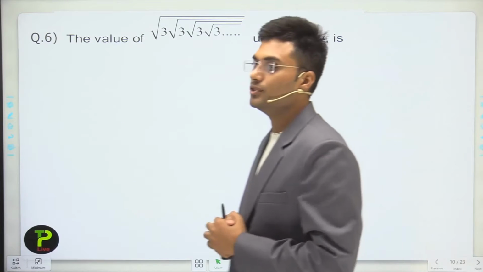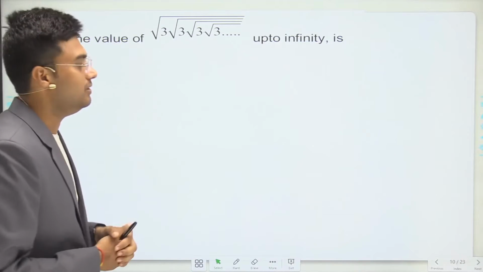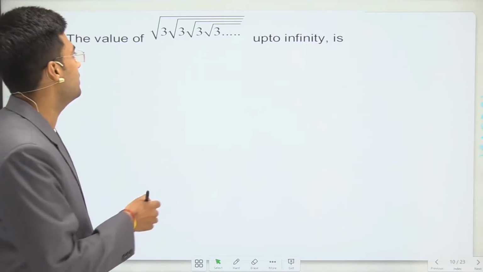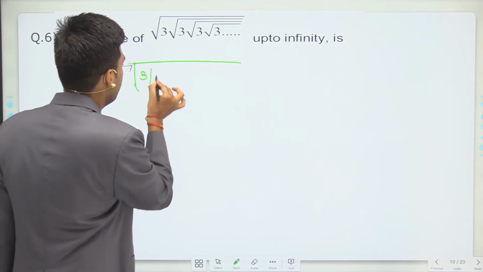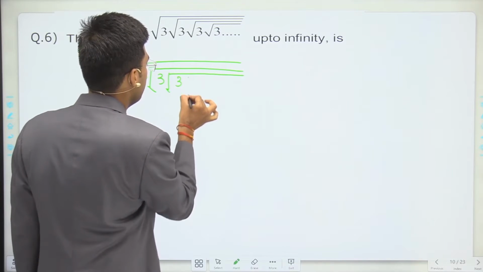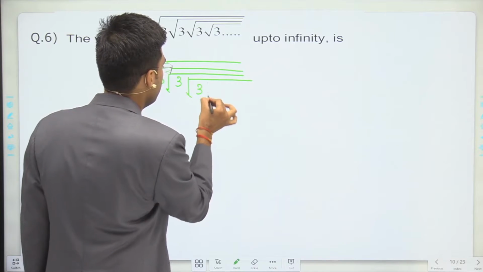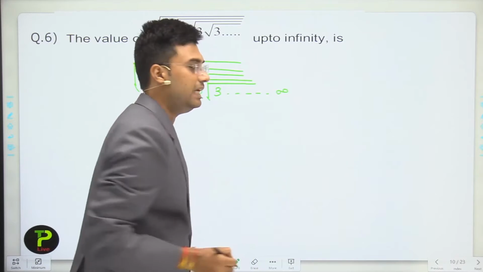The next question is, we have to find the value of this expression, and this expression consists of root 3 multiplied by root 3 multiplied by root 3 multiplied by root 3, and it goes up to infinity.